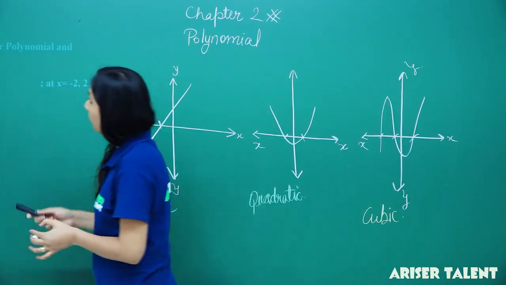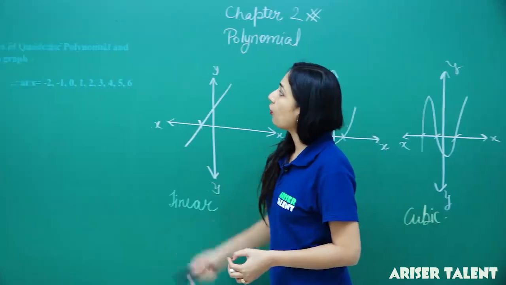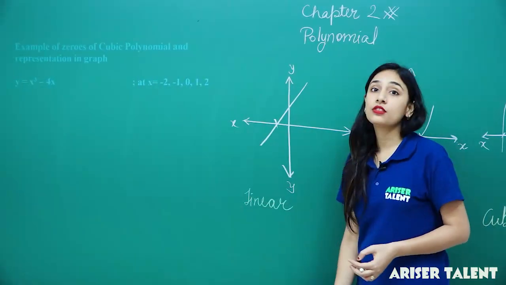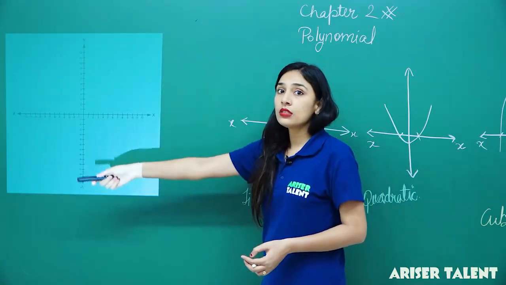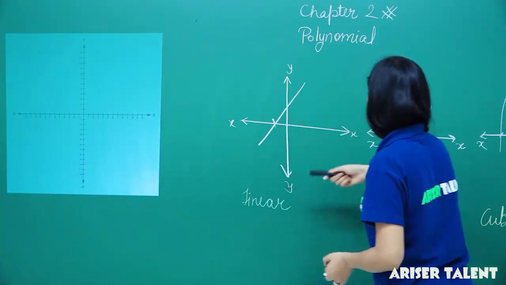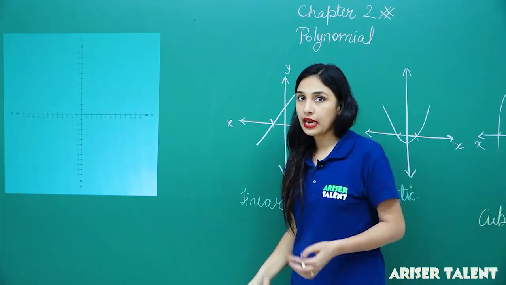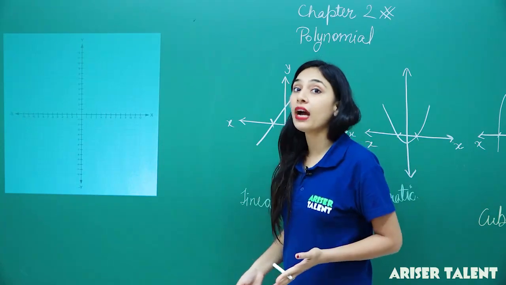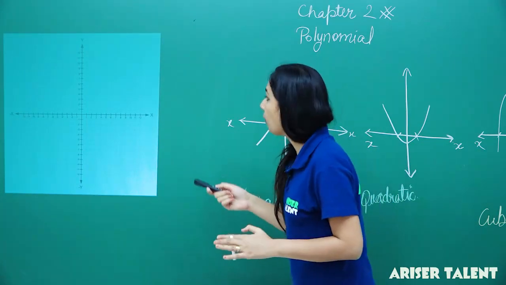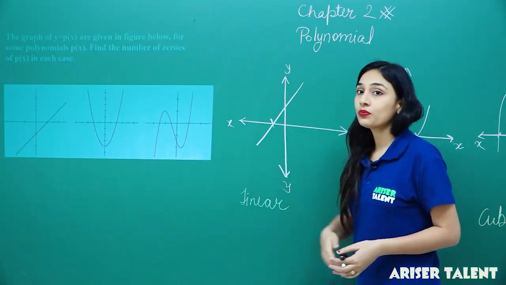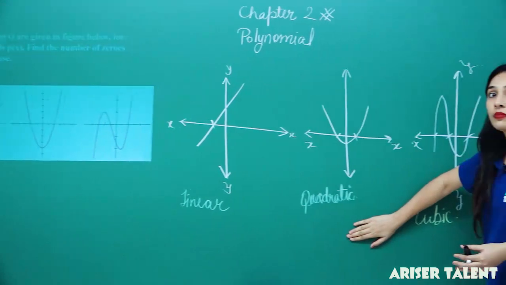Now we have taken this example for linear, this for quadratic, and this for cubic. We used this graph and plotted this as per the equations, and as we got the values of y, we discussed zeros of a polynomial. Now look at this and these 3.